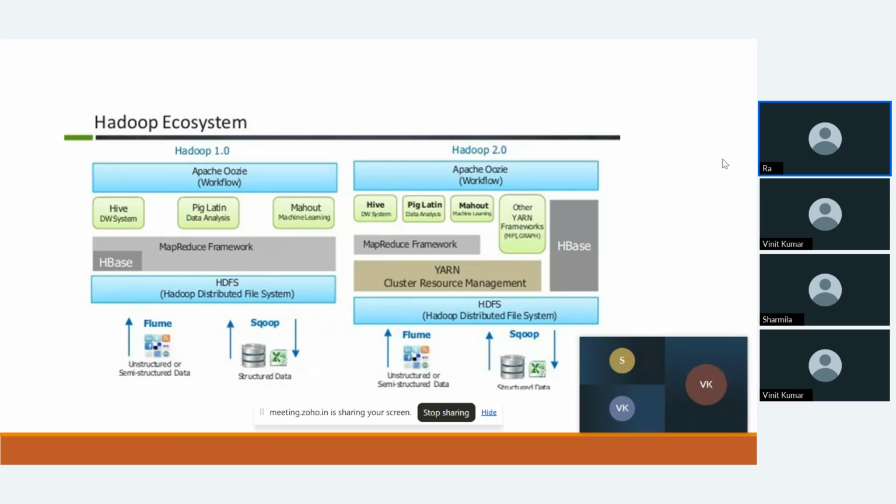Hadoop, we use Flume, right? Flume is to get the data, not exactly real time, but near real-time updates. But when Spark was introduced, the main difference between Hadoop and Spark is the processing part, right?